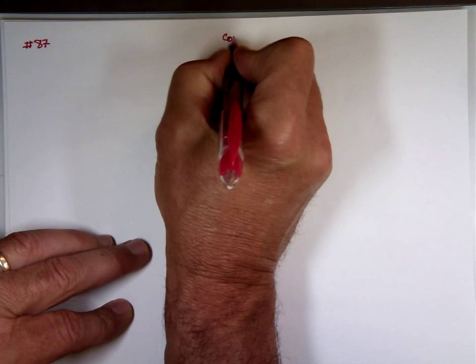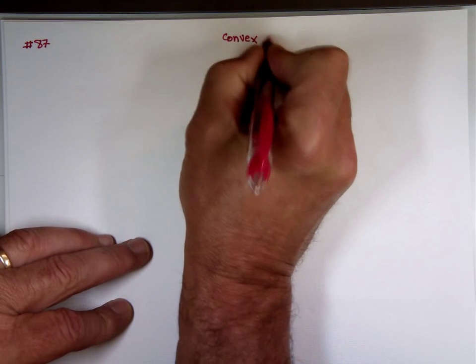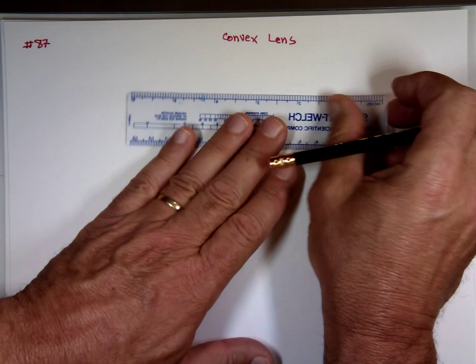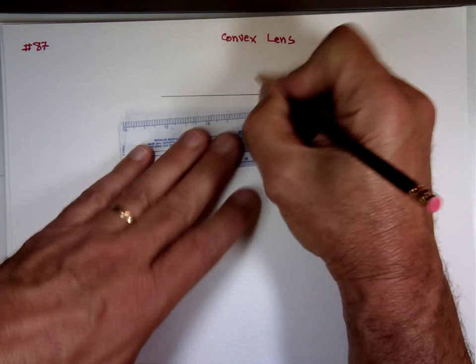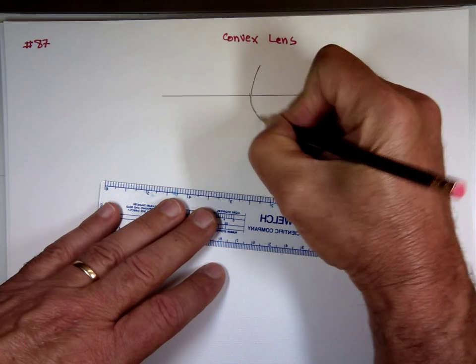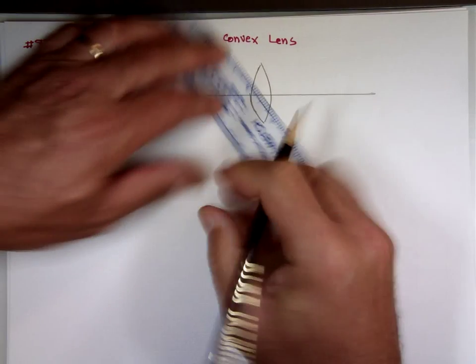That's a converging lens. So before I do anything, it looks something like this. That's a convex lens, converging lens.